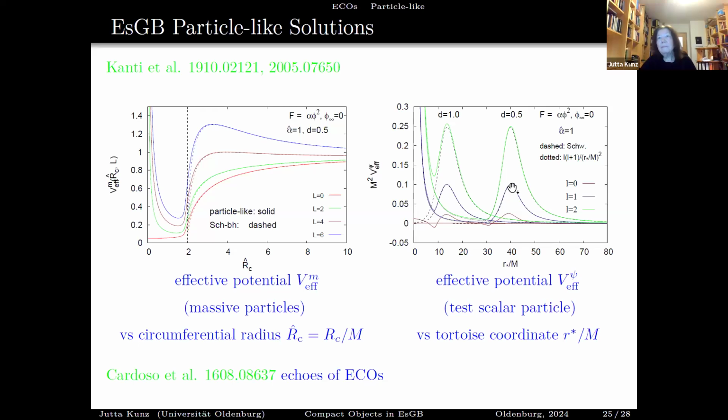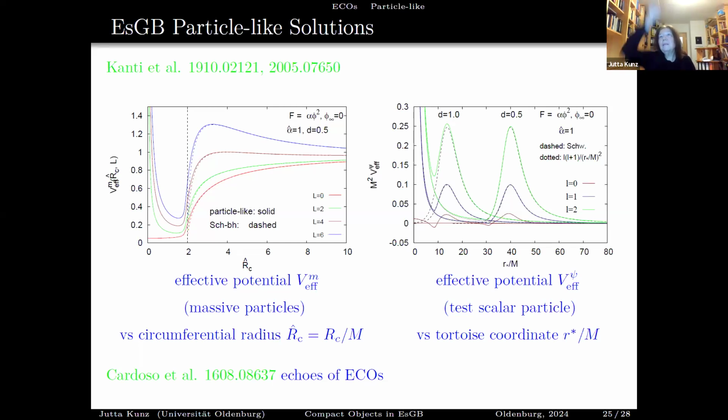And here for one parameter, we have different multipoles that we consider. Now let's look at L equal to 2 and this parameter. And then we see our potential looks like this. So we have a maximum, a minimum, and then it diverges. When you have a regular object, this is what happens.